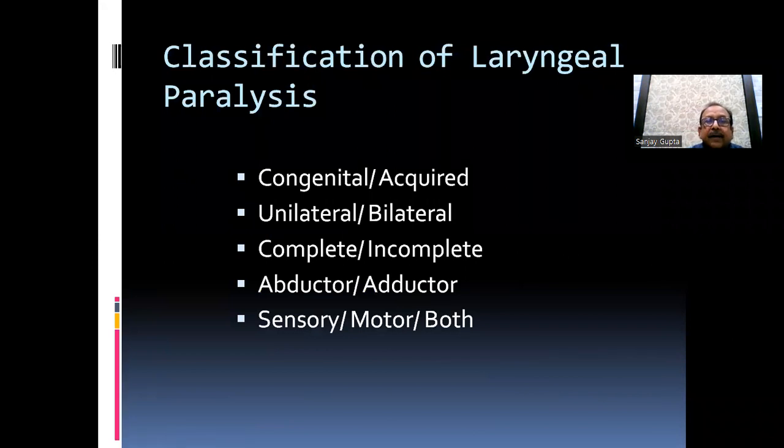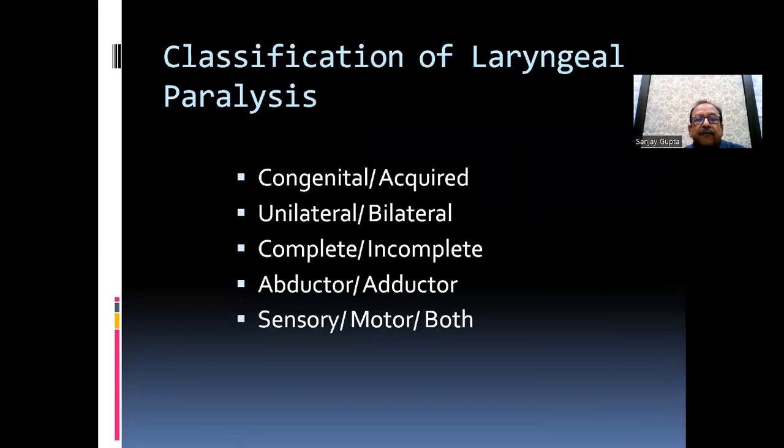Now, laryngeal paralysis on the basis of occurrence can be classified in various ways. It may be a congenital paralysis, as you have already seen, which is there in infants and neonates. It can be an acquired paralysis. The vocal cord paralysis may be unilateral or bilateral. It may be a partial or incomplete paralysis, or a complete paralysis.